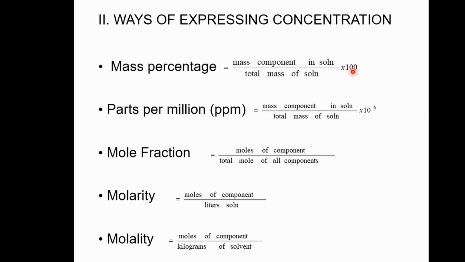So if we want to get back to the fraction, we divide by 100 and get 0.06. So parts per million, the same thing. Notice it looks the same. Mass component in solution and total mass of solution times 1,000,000.